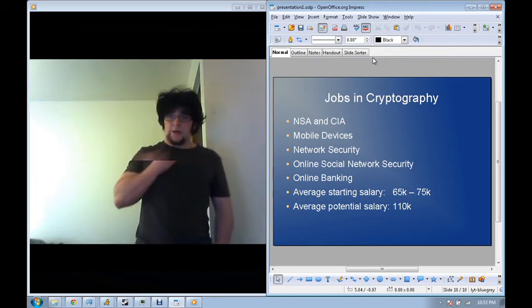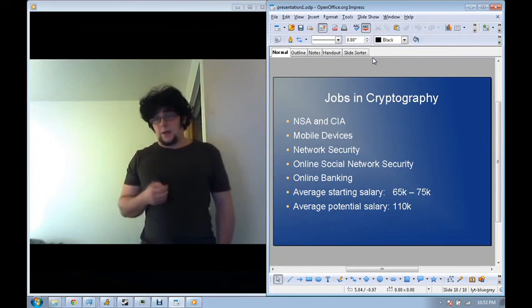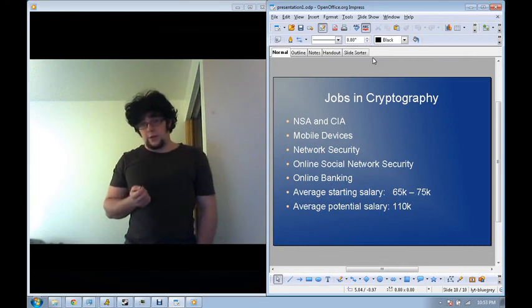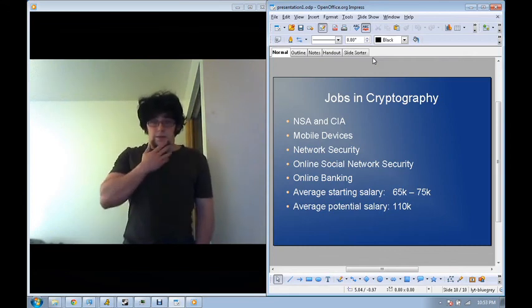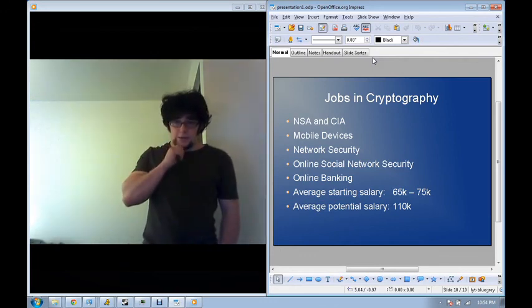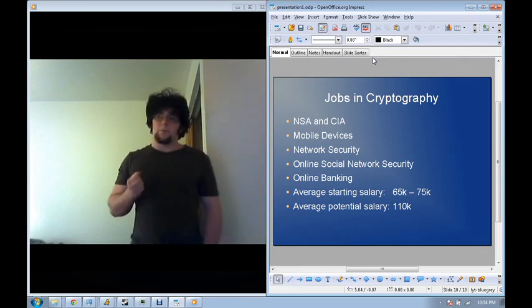All right, so how does it compare to other engineering jobs out there in terms of pay? The average starting salary is comparable to what you would expect for an engineer, between 65 and 75K. And the average potential salary caps out at around $110,000, which might seem a little lower than what you would get from other career paths for engineering.